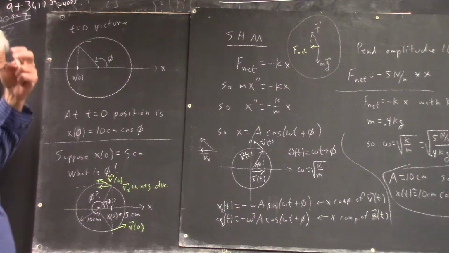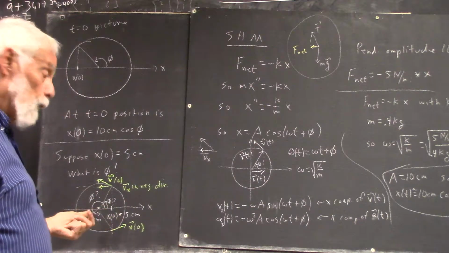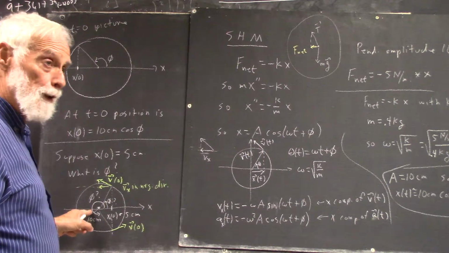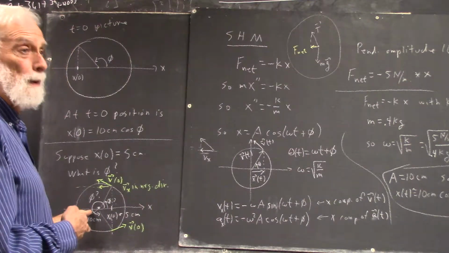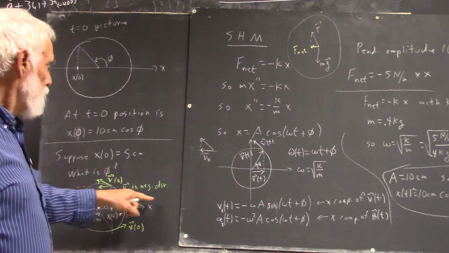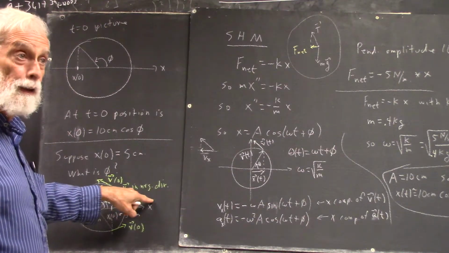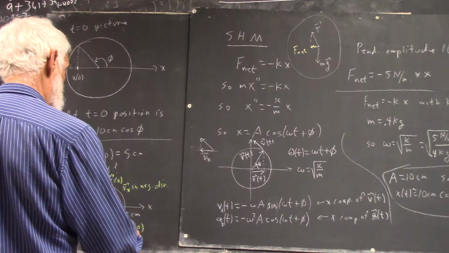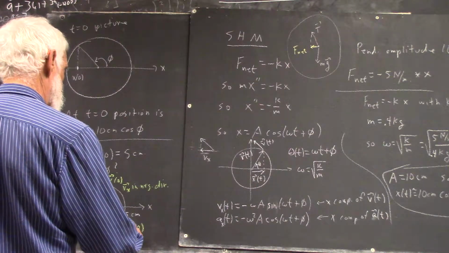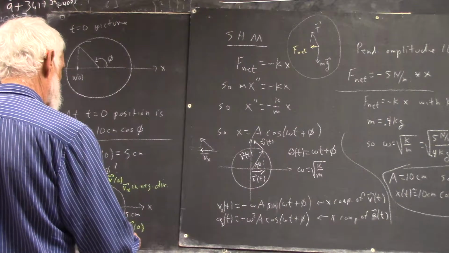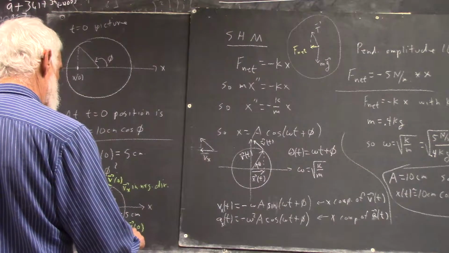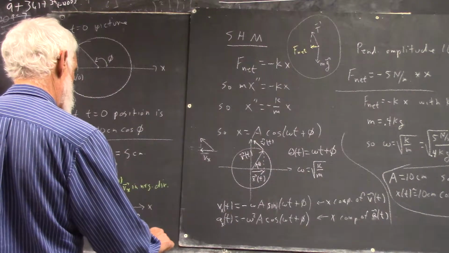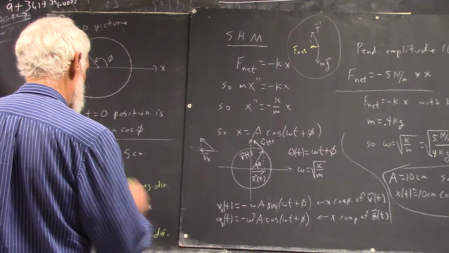Okay? Now, being in the negative direction doesn't mean it's going toward the equilibrium position, because it's moving in the negative direction over here. It's going away from equilibrium, right? So we want to really just talk about whether Vx is positive or negative. Okay? Now over here, of course you can project down here to Vx, and it's in the positive direction.